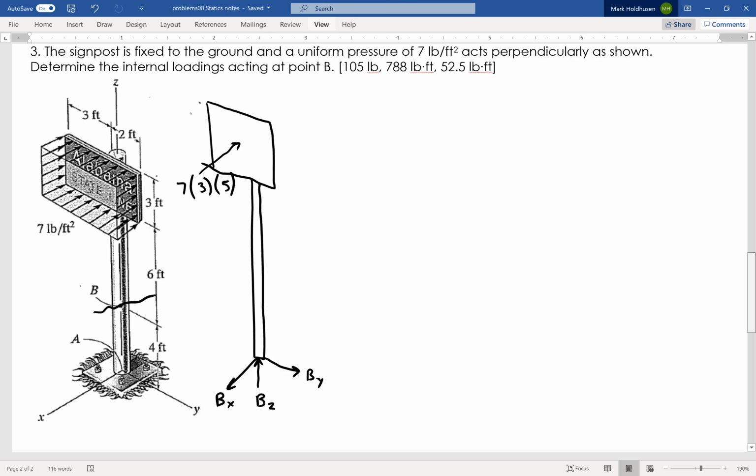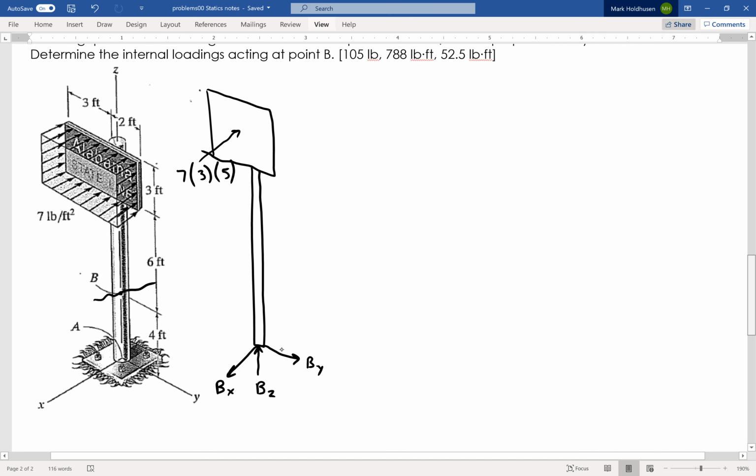I'm going to have one about the y direction, so I'll call that MBy. I also am going to have one about the x direction, MBx. And then I'm going to have a twisting one that goes around the z axis. Again, I'm just going to draw these all in the positive direction. MBz. It's not the best notation, but you get the idea.